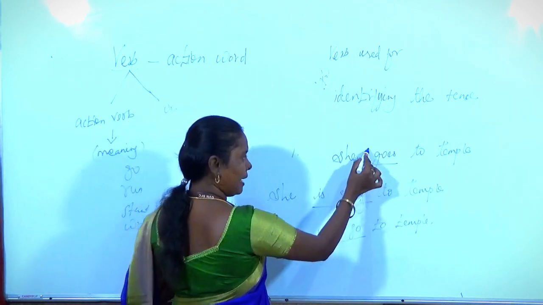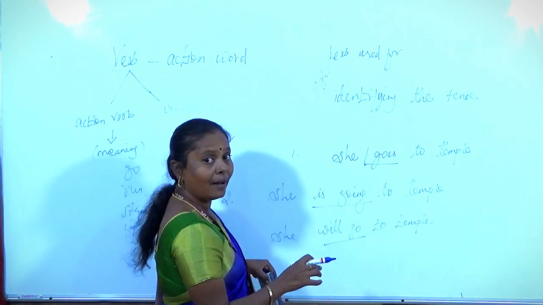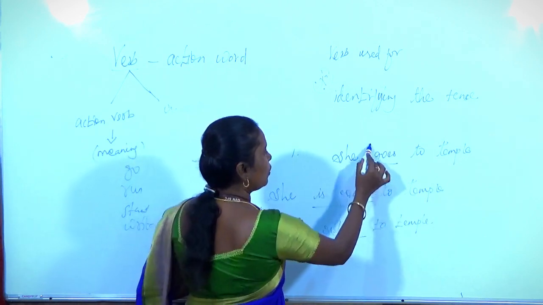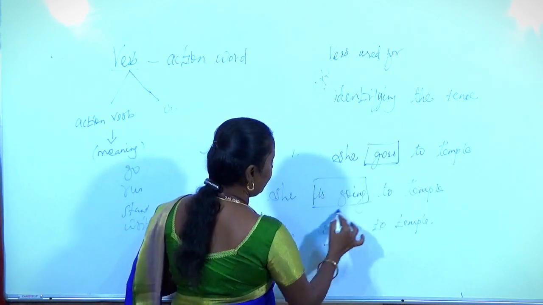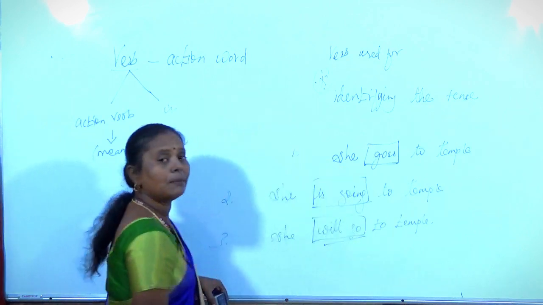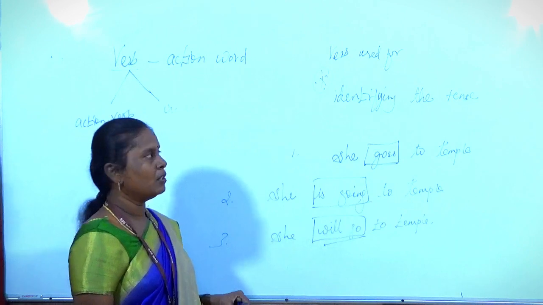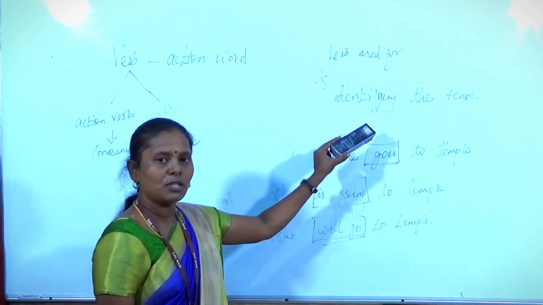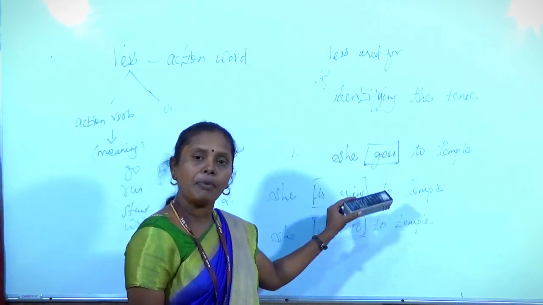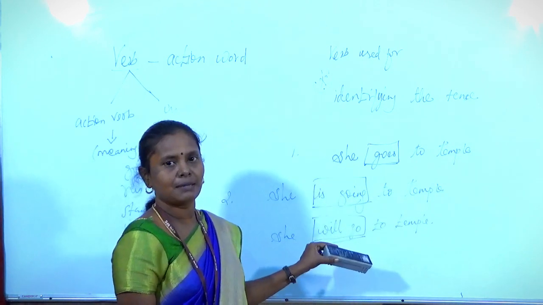So whether it is happening, happened, or going to happen, the verb helps to identify the tense of an action. So subject and verb are very important for a sentence.